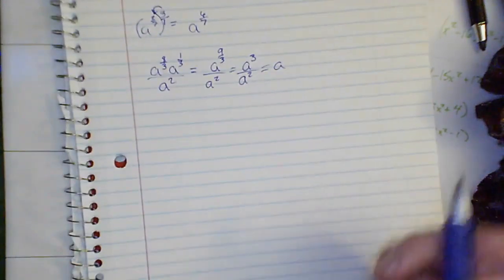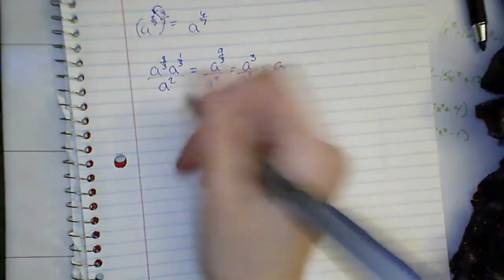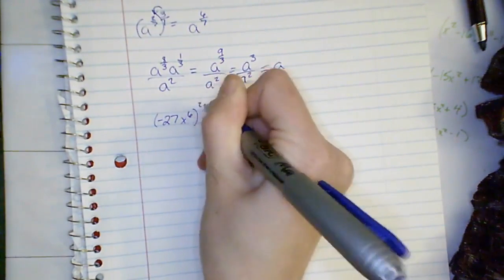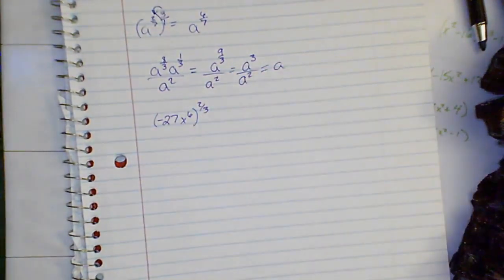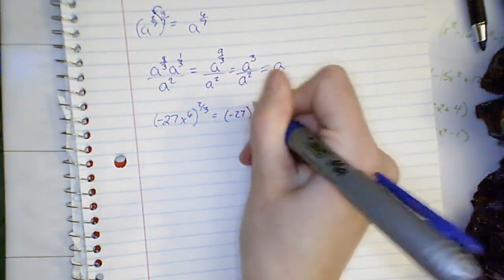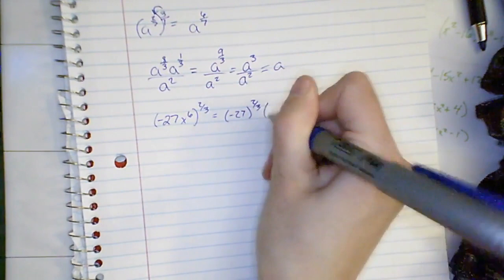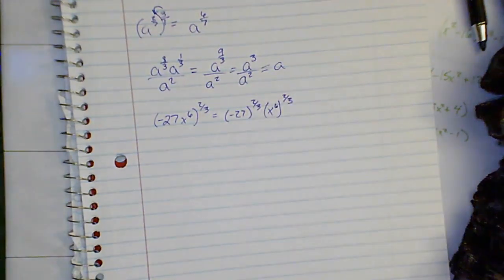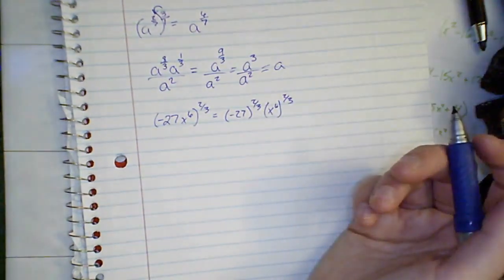Let's look at another one that we have to convert over to solve or simplify. So we have negative 27x to the 6th, all to the 2/3 power. So we are going to give each of these items, each of these units, the power, and then we can solve them individually.